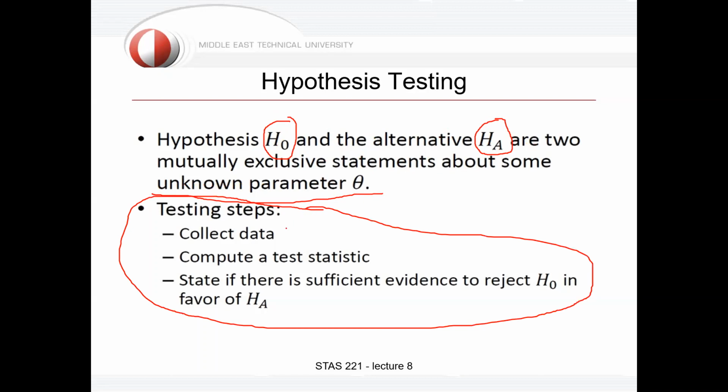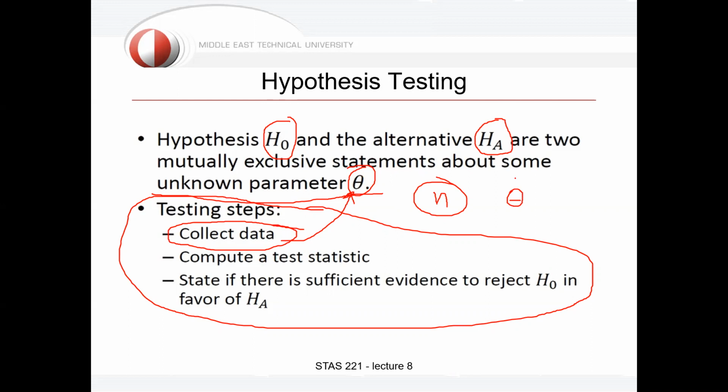hypothesis testing. So first thing to do is to get a sample from our population in order to estimate this unknown parameter from that population. So we need to take a sample, and by collecting data, it means that we take a sample with a specific size, let's say, for example, lowercase n, and then by using that sample, we will predict the value for theta.